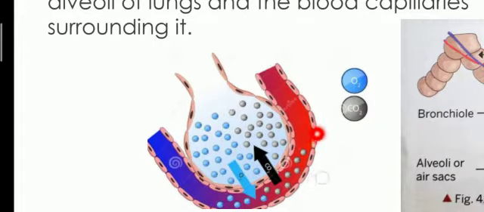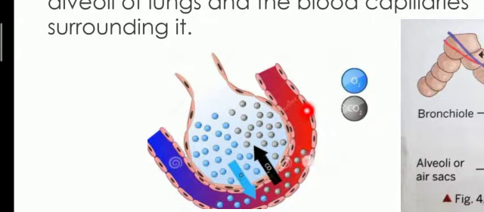More and more carbon dioxide is present here. So what will happen? The carbon dioxide will enter inside the alveoli, as inside the alveoli carbon dioxide is less, and inside the blood vessels which are entering, carbon dioxide content is more. Inside the alveoli oxygen content is more, and in the blood vessel oxygen content is less. So always remember, the molecules move from a higher concentrated area to a lower concentrated area.